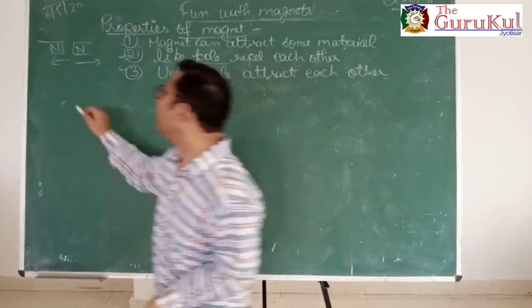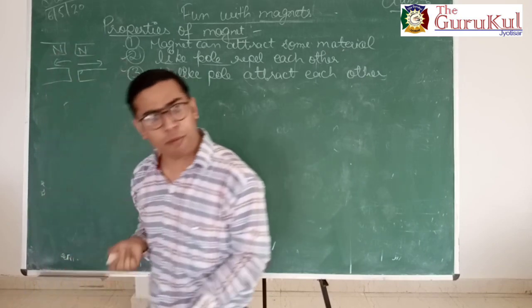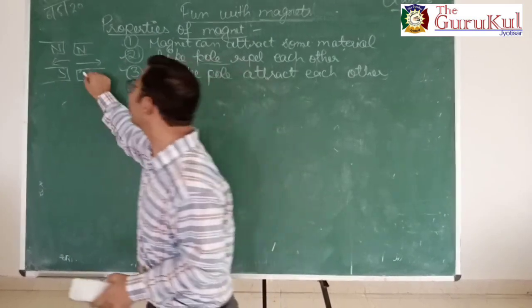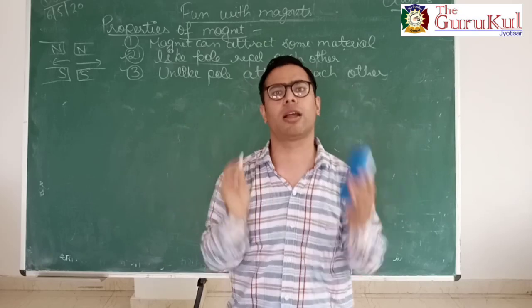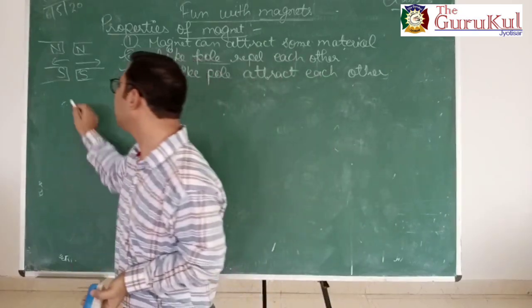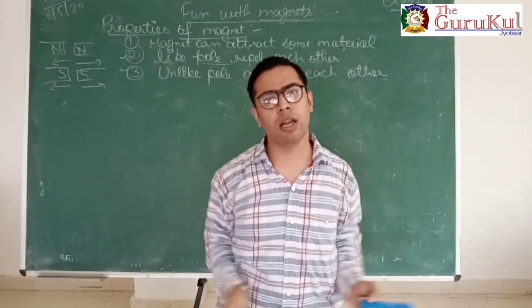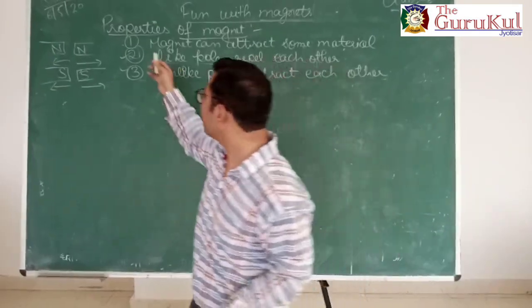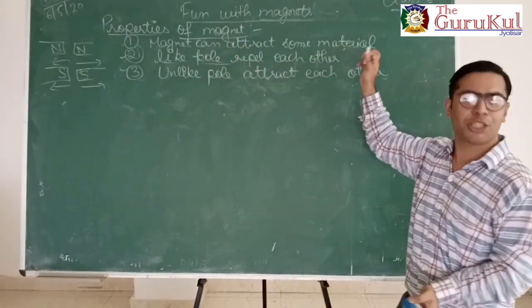Similarly, if I have two magnets, this is the first magnet, it is the second magnet. Now this end is south pole and this magnet also has south pole. When both the like poles are coming closer, you will observe that both the poles will go away from each other, will go in different directions. Understand? So that's what it means, that like poles repel each other.